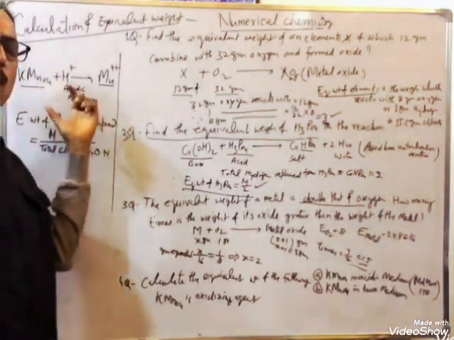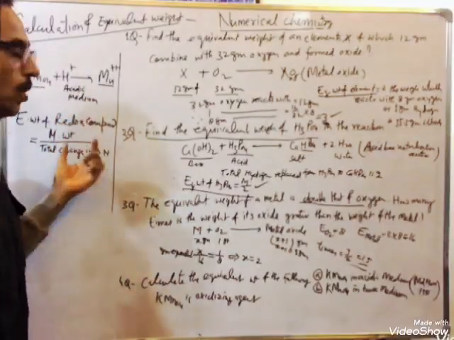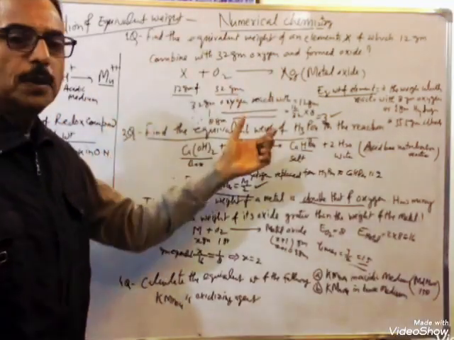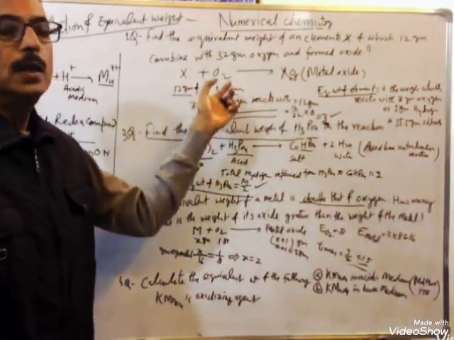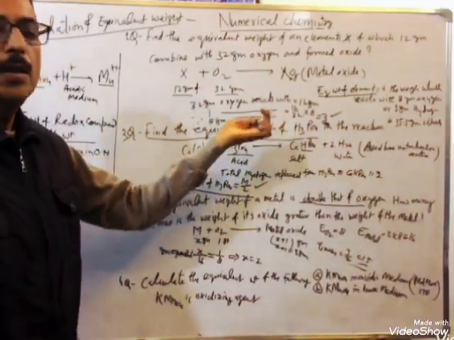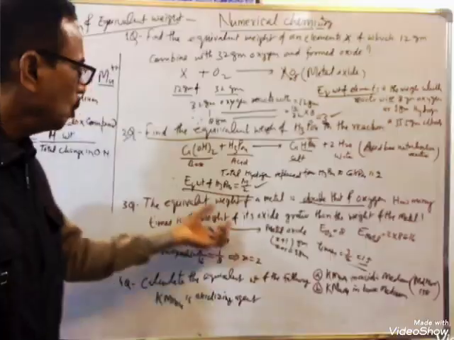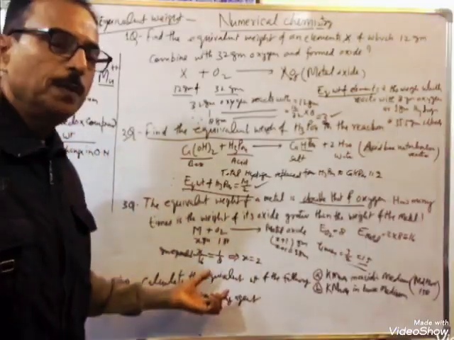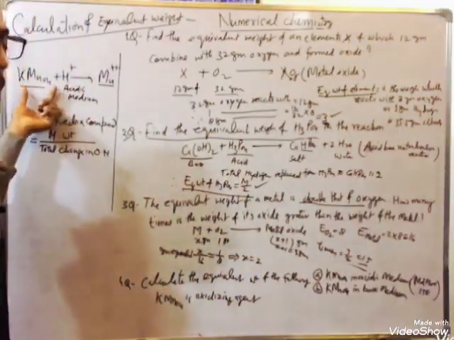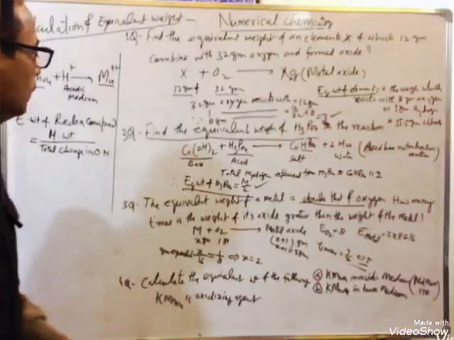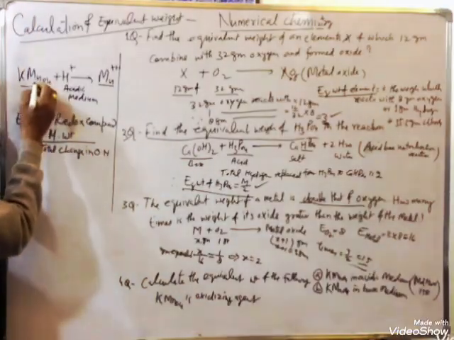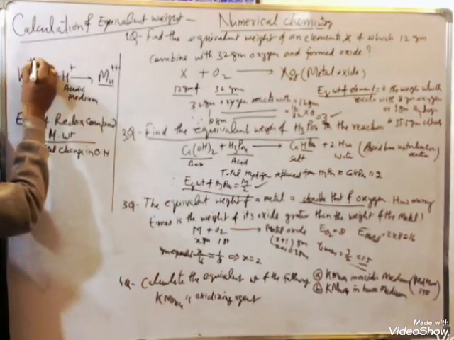I will tell you how to calculate the oxidation number in the redox chapter, which will come after concentration, but since it is related to equivalent weight, you just understood the principle. How you calculate the oxidation number, I will tell you later. In KMnO4, the oxidation number of Mn is +7.